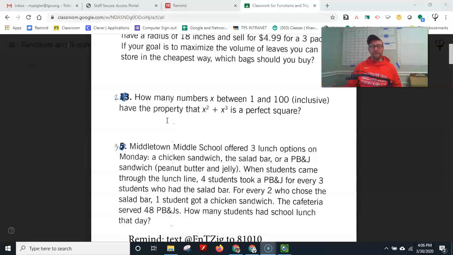So how many numbers between 1 and 100, inclusive, have the property that x squared plus x cubed is a perfect square? We take every number between 1 and 100, square it, cube it, add them together and see if we get a perfect square.